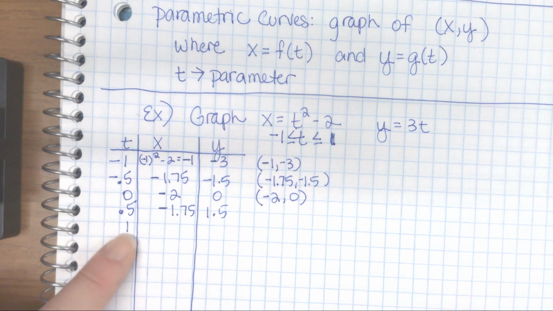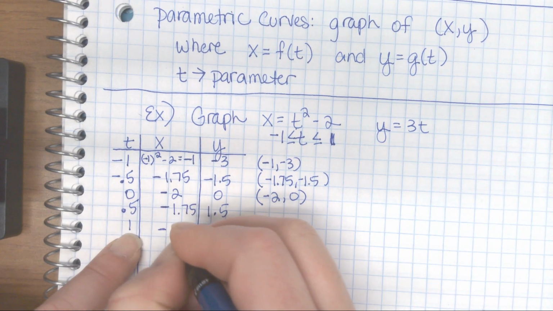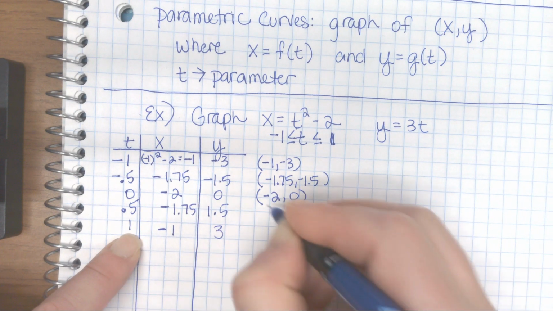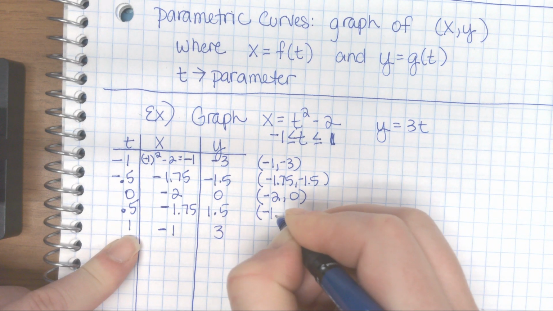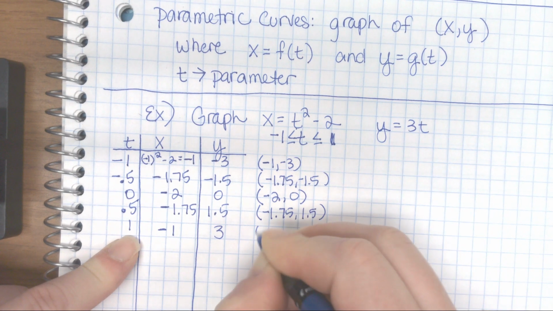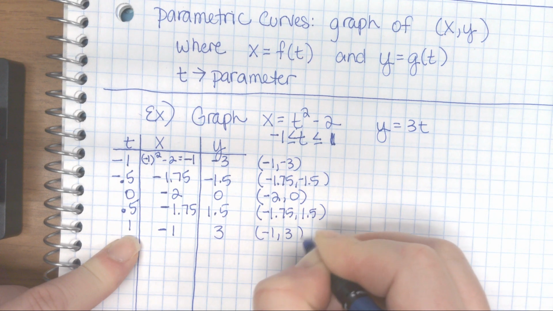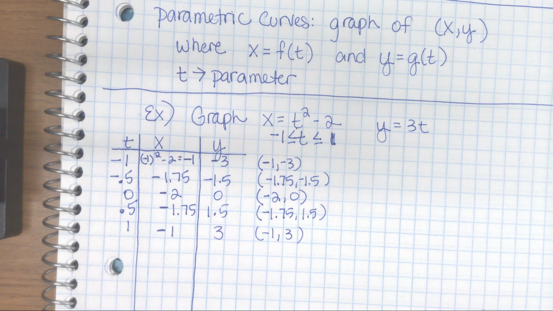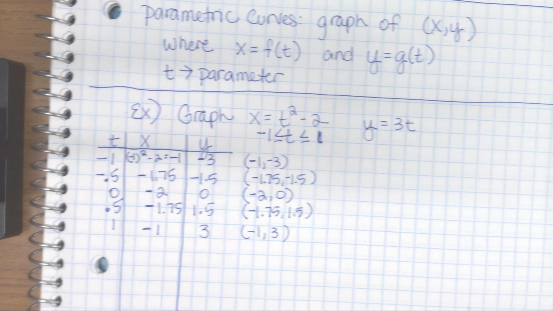If I plug in 1, I get -1 for x and 3 for y. Okay. Am I going too fast?